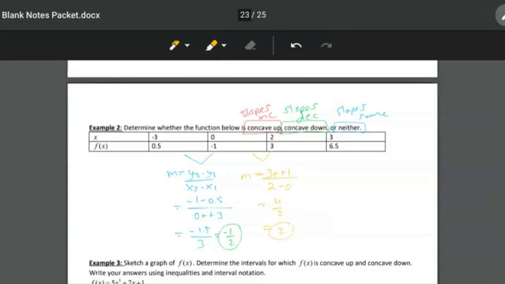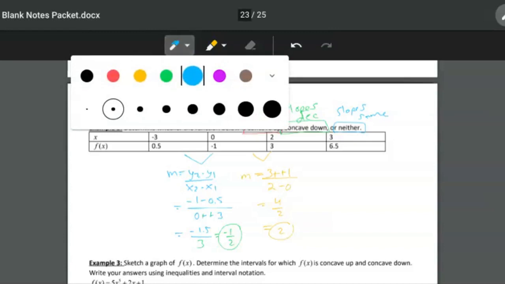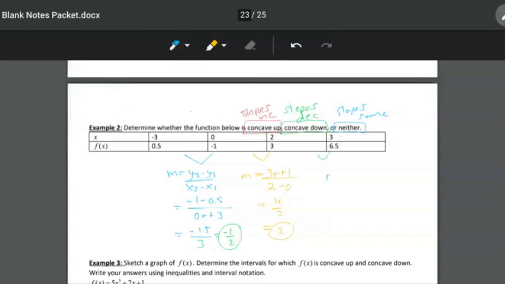So right now it looks like our slopes are going up. We have -1/2 to 2, but let's just double check that that pattern keeps going. Let's find the slope of the last pair of points. 6.5 minus 3 all over 3 minus 2. You get 3.5 over 1, which is really 3.5. So if we look at our slopes from left to right, it goes up, it goes up. So slopes are increasing.